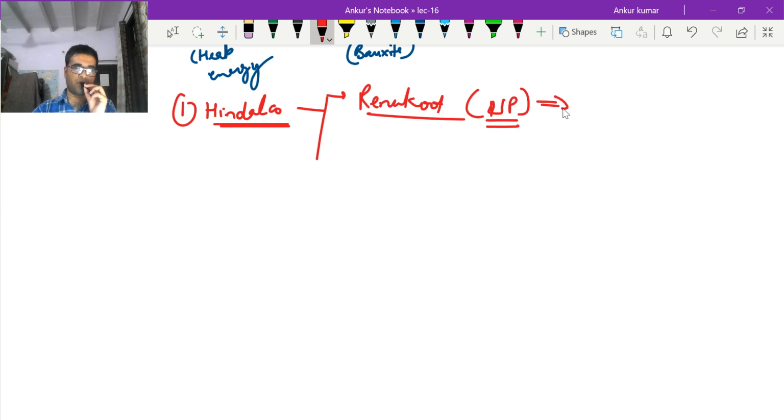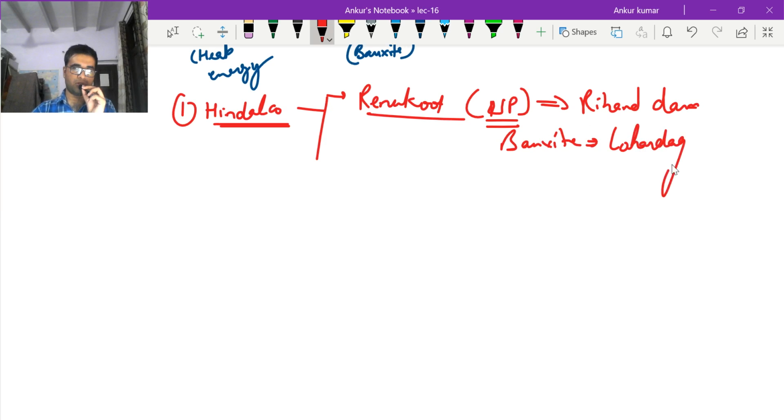Here we have the Rihand Dam for HEP, and bauxite is sourced from Lohardaga mines. From Rihand Dam, HEP comes. So this is the first plant of Hindalco.